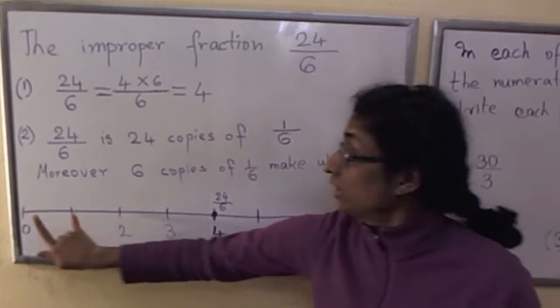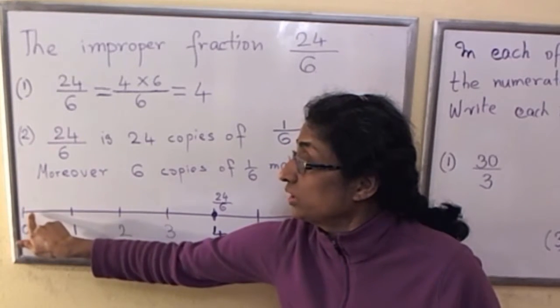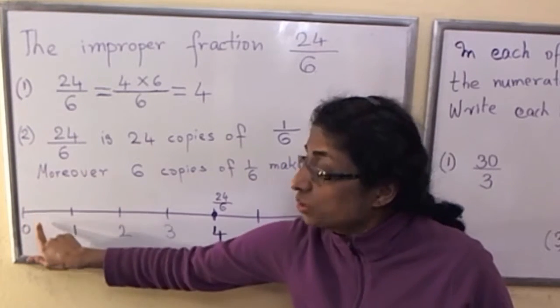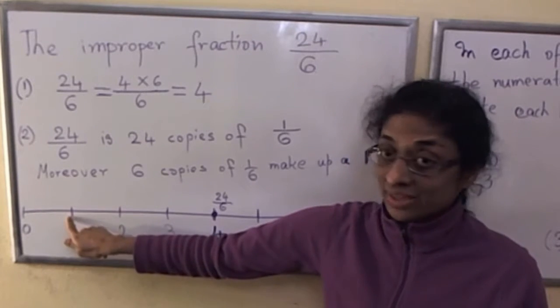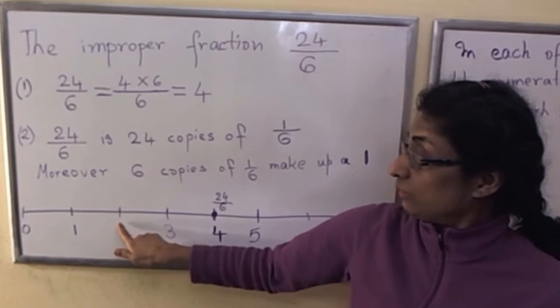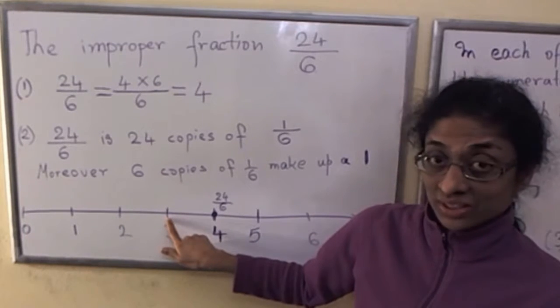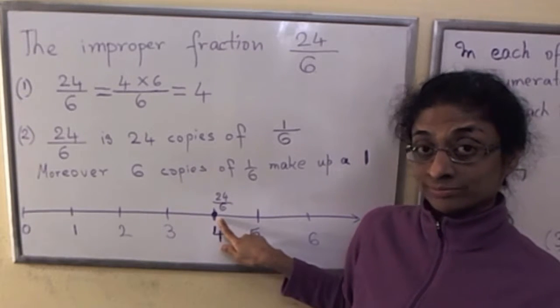In other words, if you were to cut up the unit segment into 6 equal pieces, the number at the first tick mark would be 1 over 6, and then you count 2 over 6, 3 over 6 and so on. When you say 6 over 6, you're exactly at 1. Then 12 over 6, you're exactly at 2. 18 over 6, you would be exactly at 3. 24 over 6, you would be exactly at 4.